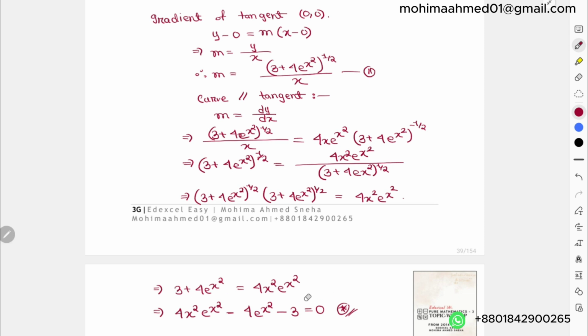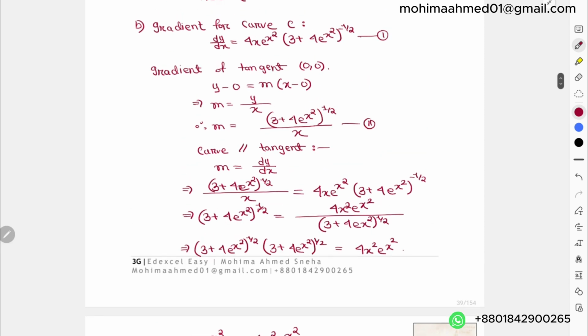Now this is the final intersecting equation, and the solution for it will only give you the value for alpha, because this intersecting equation is the combination of curve and straight line, and the curve and straight line were only intersecting at one point because the straight line was not a normal straight line here. The straight line was the tangent. Curve and tangent always come in contact at only one point.